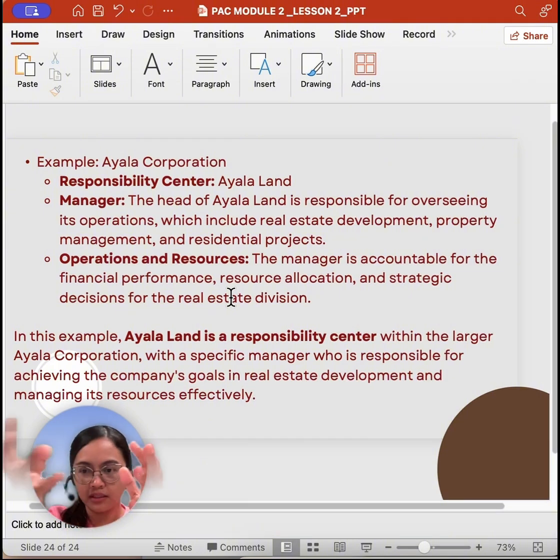So those are businesses within the Ayala Corporation. Let's say the responsibility center is Ayala Land. So the manager or the head of Ayala Land is responsible for overseeing its operations.